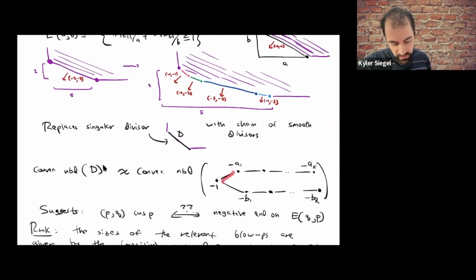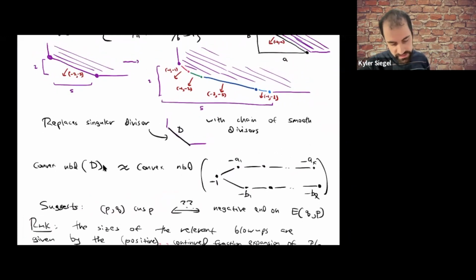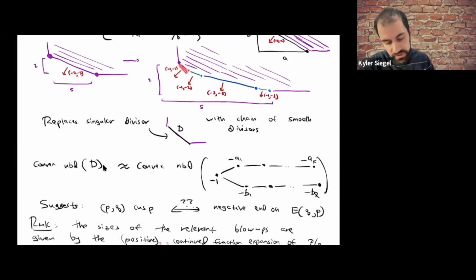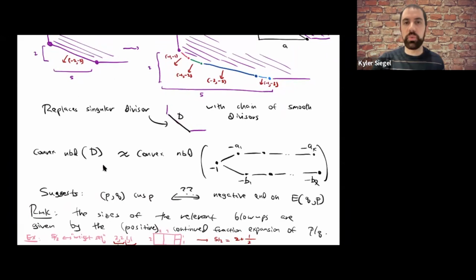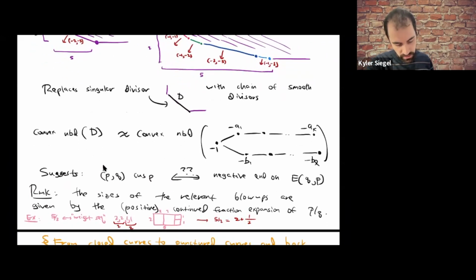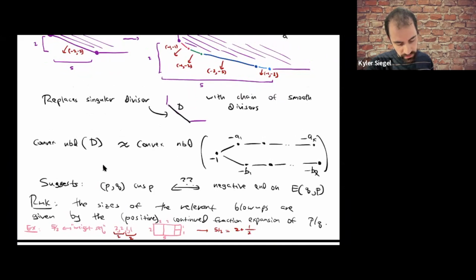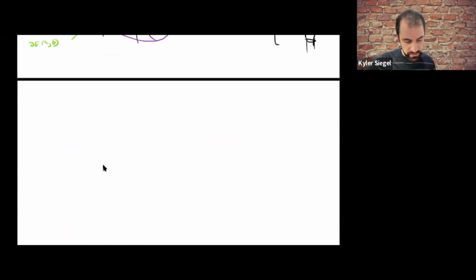I described this plumbing has to do with the negative continued fraction expansions of these 2 fractions related to p over q, and the sizes of these blowups. Since these are symplectic blowups, they each involve a certain size, and the sizes are given by the so-called weight sequence of p over q.